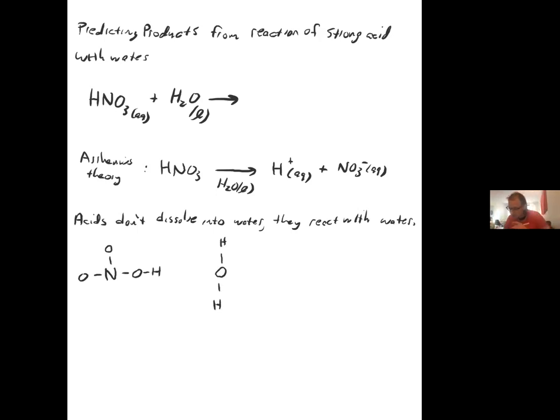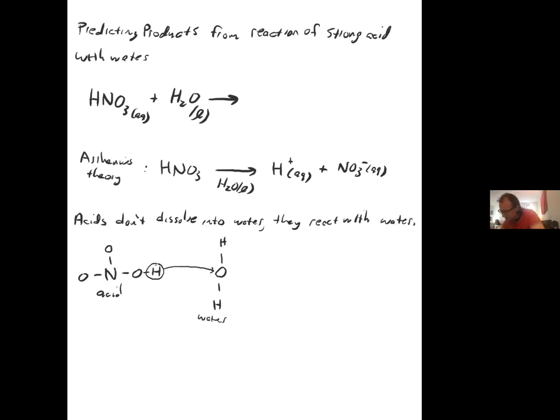Here's what happens at the molecular level. This hydrogen is transferred from the acid to the water. So it gets knocked over to the oxygen. It goes over like that. They collide with each other. It's a physical collision. It's not like it's flying through space. The two molecules collide and it is transferred.